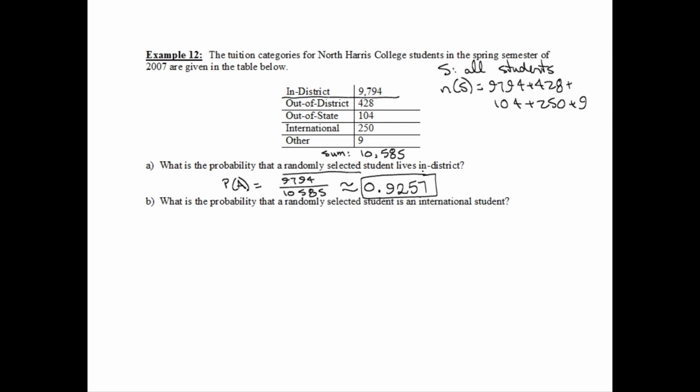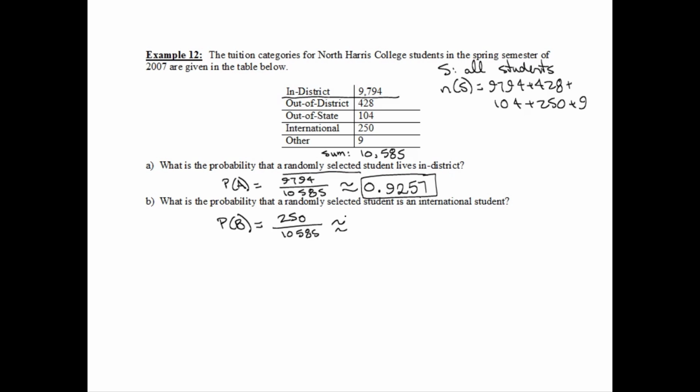What's the probability that a randomly selected student is an international student? There are 250 international students divided by the total of 10,585. You should end up with a decimal between 0 and 1.